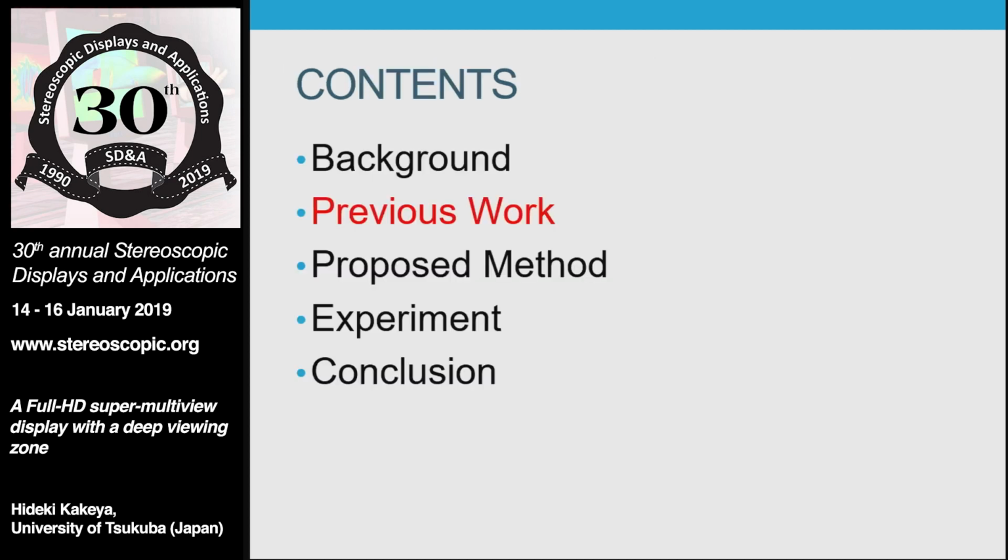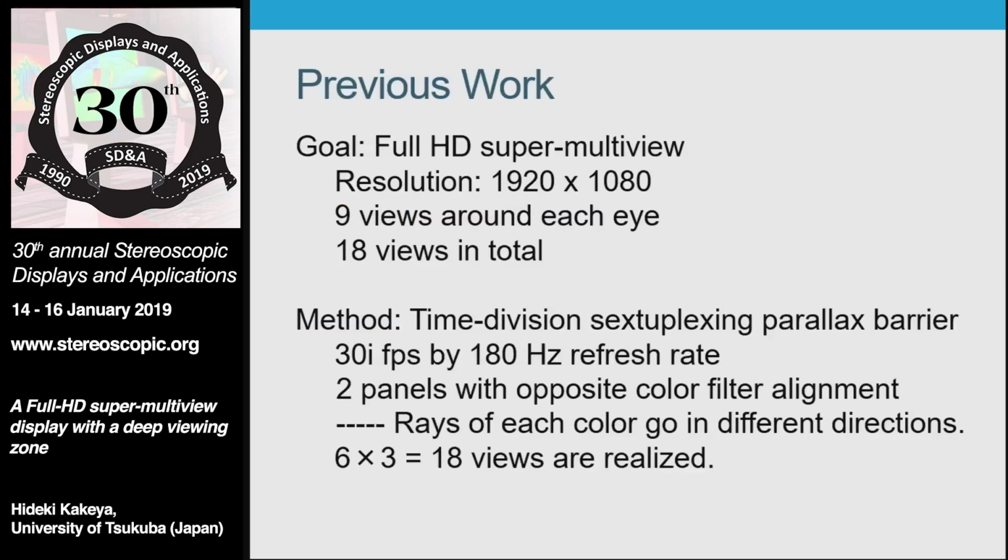So to solve this problem, we've made a Full HD super multiview display based on time division multiplexing, not spatial multiplexing. We used a Full HD panel, and we generated 9 views for each eye.